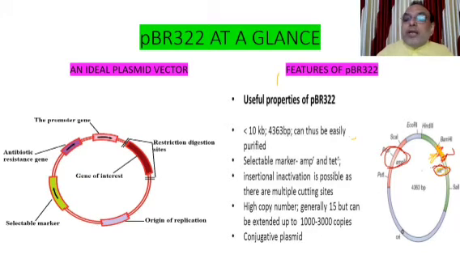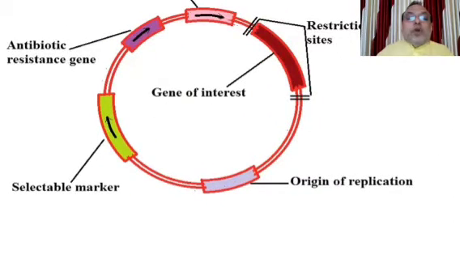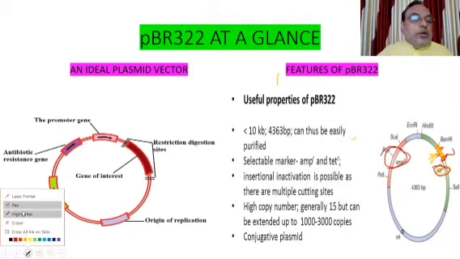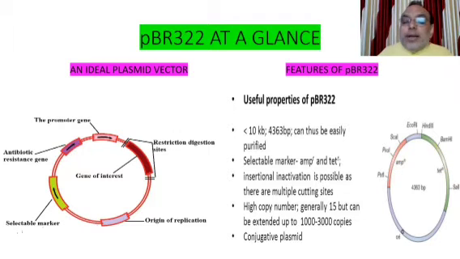That's how the selectable marker will indicate that this organism has got the DNA of our choice, and the organism which is showing resistance to both ampicillin as well as tetracycline shows that they do not have the stretch of DNA which we have integrated.